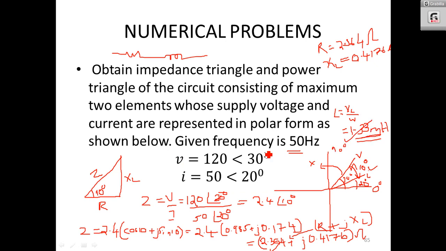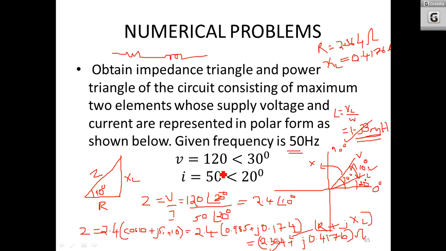Okay. Hope you have understood the three problems. In the first problem we have dealt with only resistance value. In the second problem it is only capacitance. In the third problem we have dealt with an RL series circuit. The basic theory behind that is the angle between voltage and current.